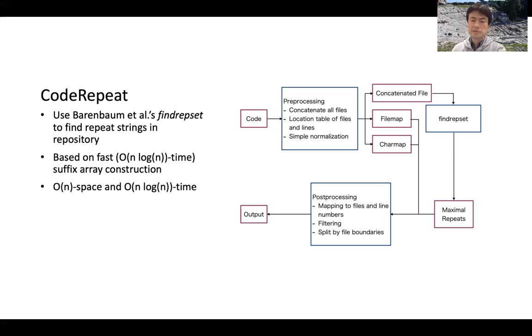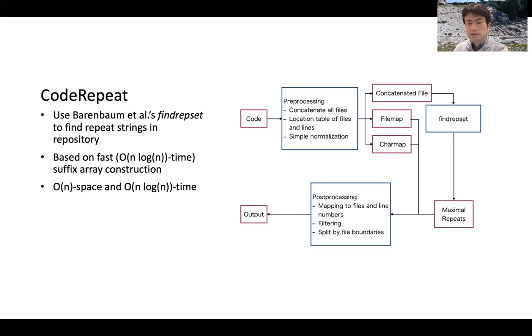In pre-processing, we concatenate all files. It also generates the location table file and lines, and performs some simple normalization. Then the concatenated file is put into findrepset, and we get a set of repeated strings in the repository.